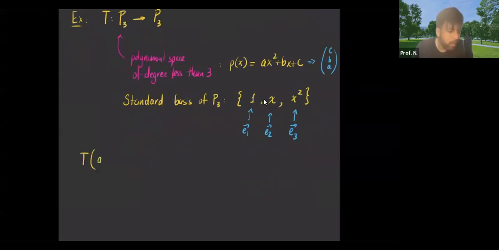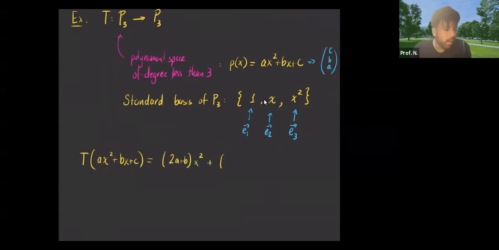so first we're given the rule for the transformation. We take any polynomial in P3, which looks like ax squared plus bx plus c. This is our input in our transformation. And the result is this strange rule, which is that we get a new polynomial of this form. The coefficient of x squared is 2a plus b.